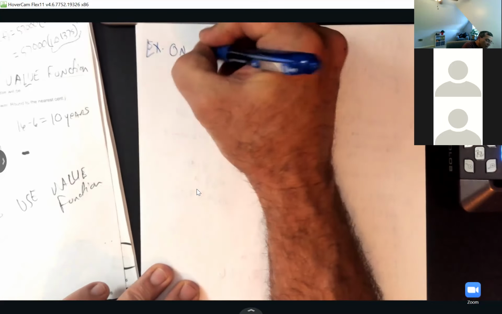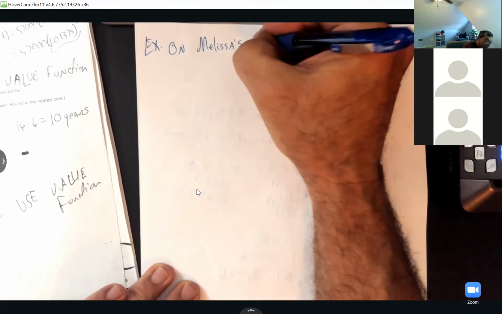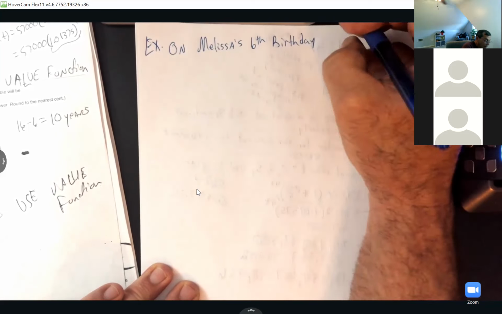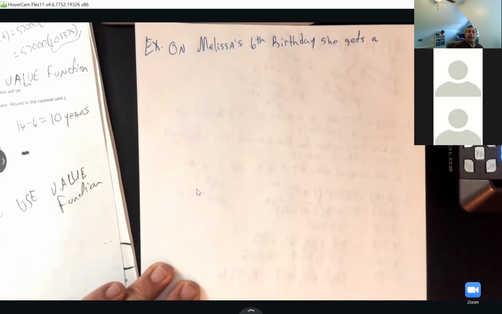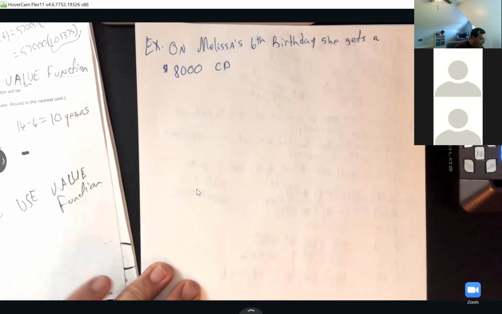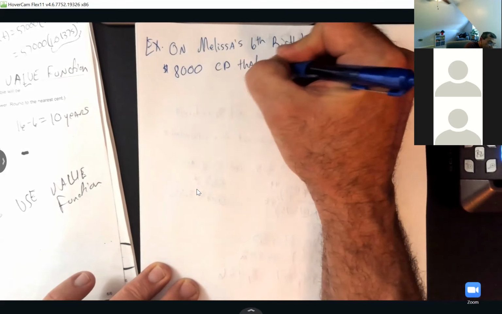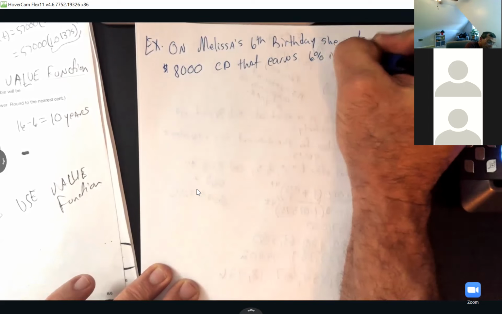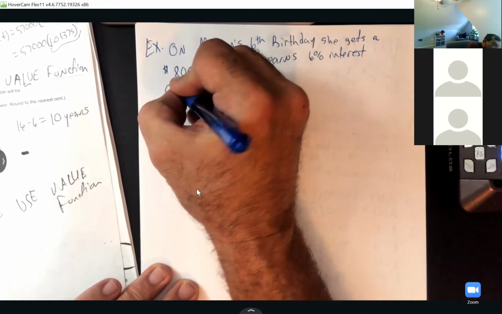So on Melissa's 6th birthday, she gets a $8,000 CD that earns 6% interest, compounded semi-annually.